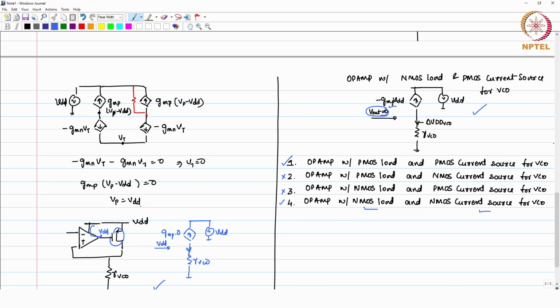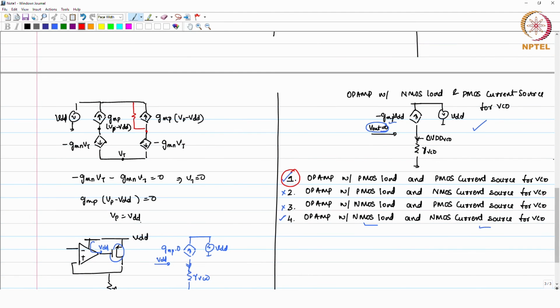So, it will not allow the noise from VDD to come at the output. So, these two options are better options, and this is chosen here for the fact that we get a lower headroom for the current source for the oscillator, and we can have a larger frequency of oscillation.